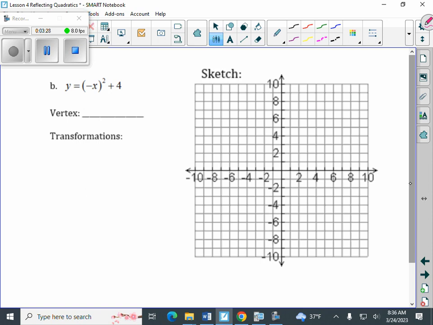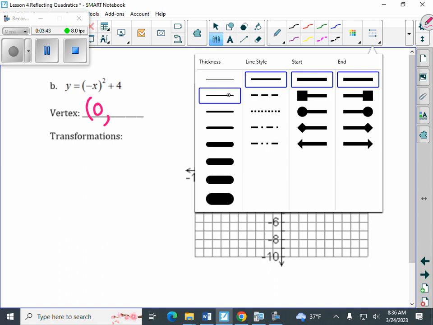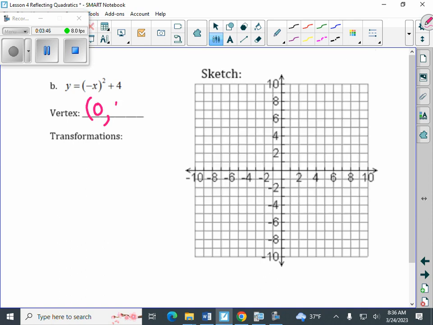So as we look to define what the vertex is, there's nothing added or subtracted to the x. In the parentheses, nothing is represented by 0. And then our other part here is that we've got 4. So change the sign, although 0 doesn't have a sign, keep the sign. That's where our vertex comes from.